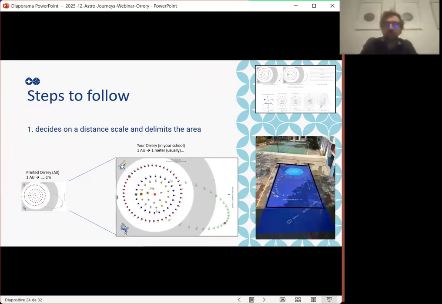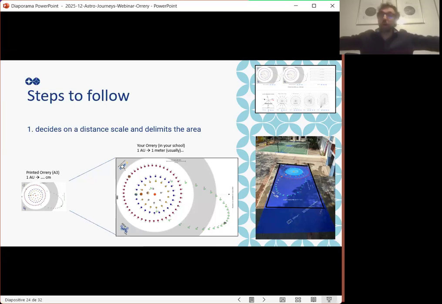So first, you have to decide on the final distance scale. You have your printed orrery, the printed one with a small distance scale, like a few centimeters for one astronomical unit. And with your class, you decide how big your final human orrery should be. In most cases, we take 1 meter for one astronomical unit because this is simple to do.